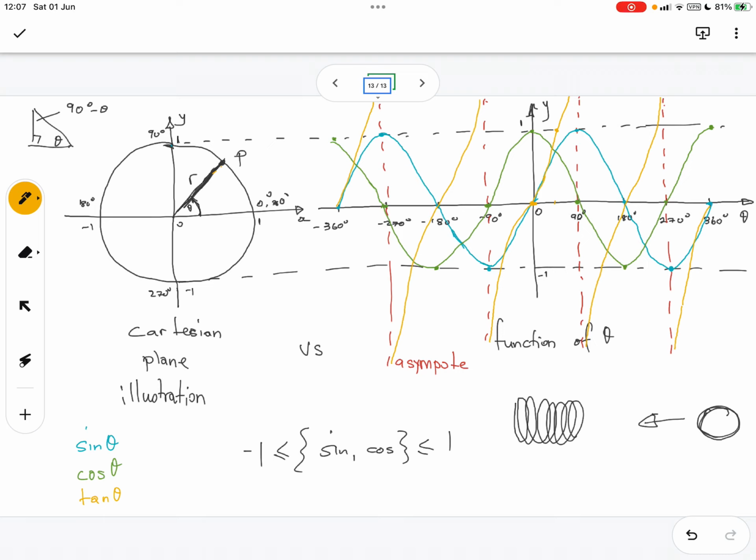Then let's do 91.9 and work out the tan.